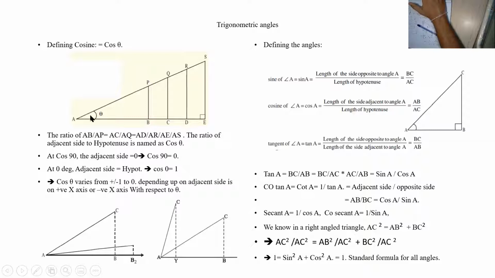So now what is cos 90? When this line goes vertical, the horizontal portion is 0. As it goes further vertical, this length AY becomes 0. So 0 by hypotenuse is 0.